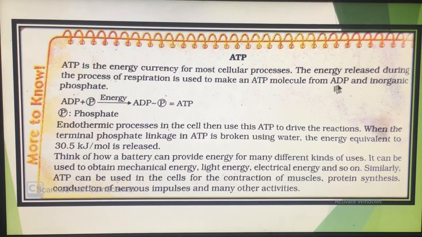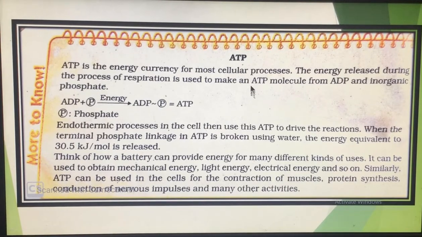Now ADP stands for adenosine diphosphate molecule and ATP stands for adenosine triphosphate molecule. In ADP there are two phosphate groups, whereas in ATP there are 3 phosphate groups. Now when the energy is released, the ADP takes up that energy and is converted into ATP.